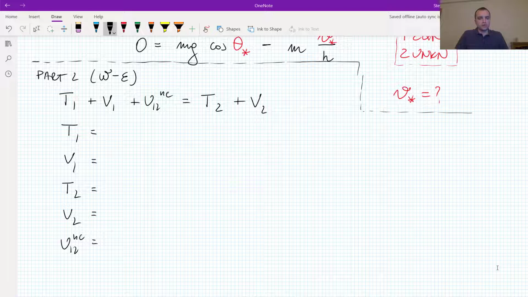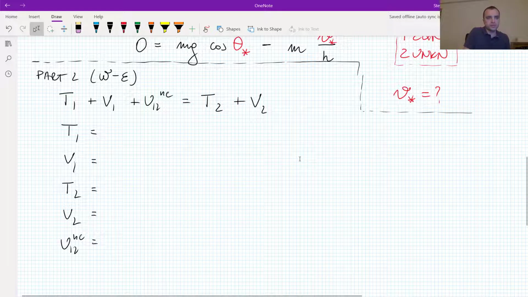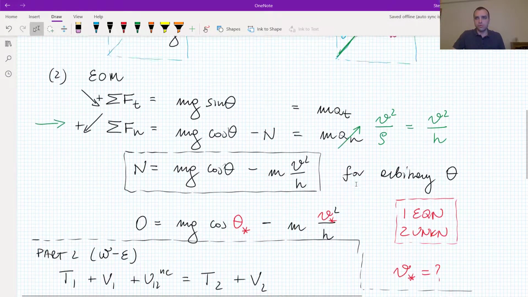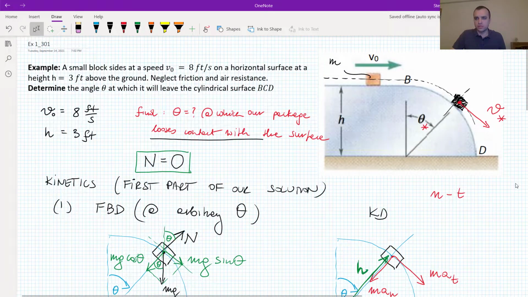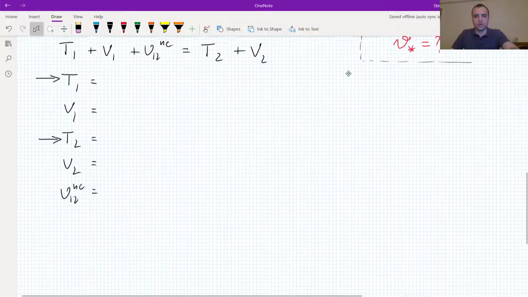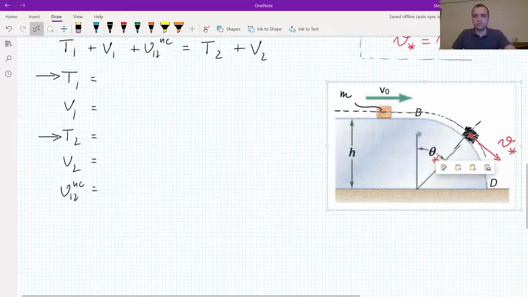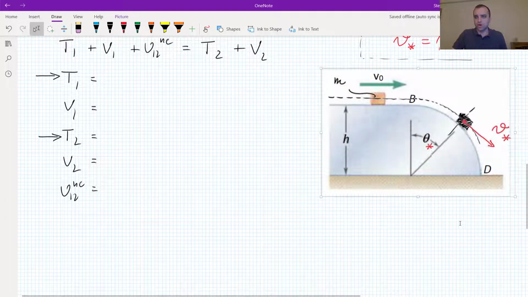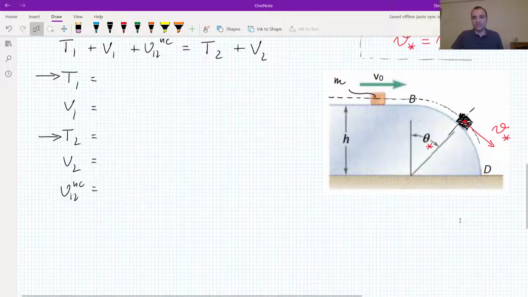Okay, so feel free to pause the video right now and find expressions for T1 and T2. I can even copy the drawing we started with, so let me take this drawing and copy it here so that your job is slightly easier.